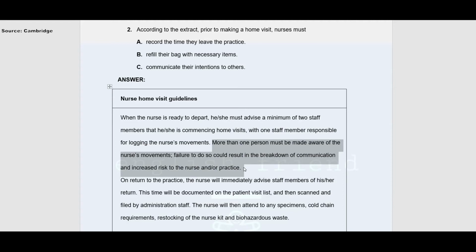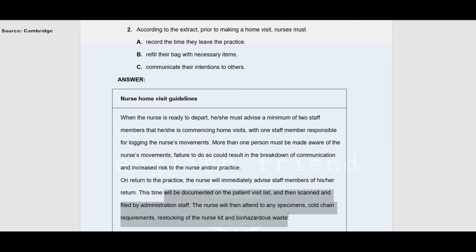So there also they're talking about the importance of making them aware of nurses' movements and the importance of communication. On return to practice, the nurse will immediately advise. Again, the nurse will be communicating to staff members of his or her return. This time will be documented on the patient's visits list and then scanned and filed by administration staff.